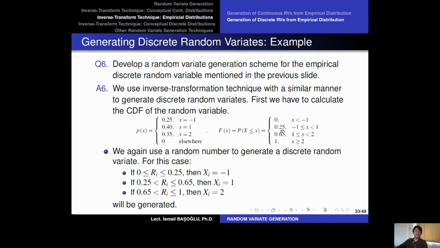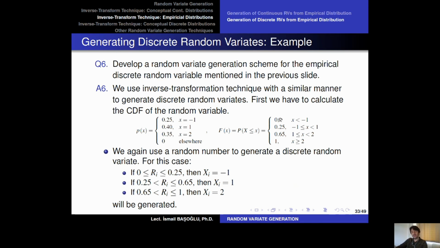But if x is between the first and the second realized values, the cumulative probability becomes 0.25, because -1 remains on the left-hand side of x, and it becomes 0.65 for x values between 1 and 2. There are two probability masses on the left-hand side of it. Finally, if you pass through 2, the cumulative probability will become 1.